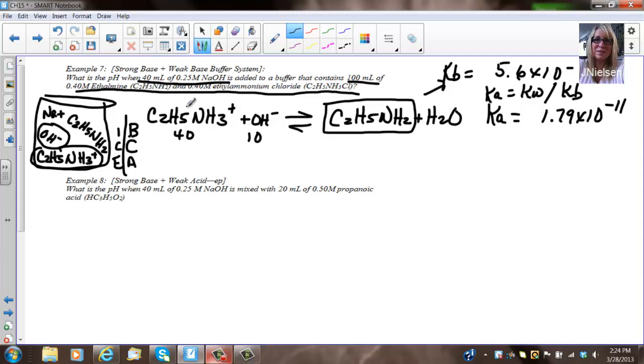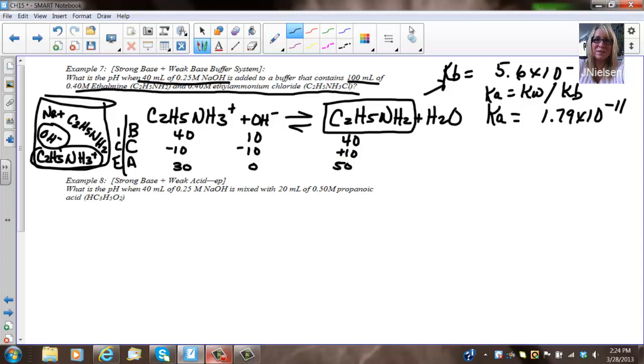And I also have C2H5NH2, which is also going to be 40. So this is going to be minus 10, plus 10. Afterwards, after it's added, this is going to be 30, 0, and 50.